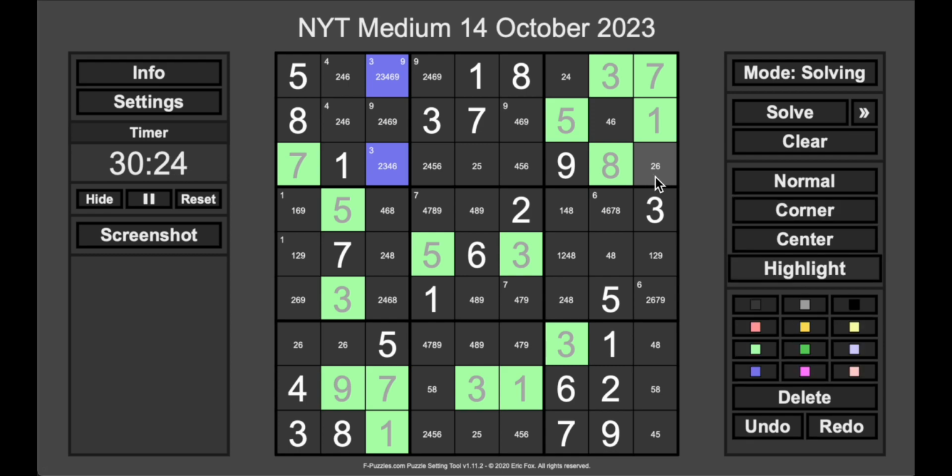Okay, well that's weird. So let's see. So this can't be 1. So that's not 1. Okay, I've now got a 1 in one of those two. Okay, I've got an X-wing on 1s here, here, here, and here.